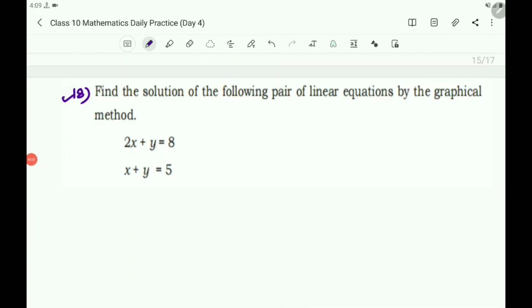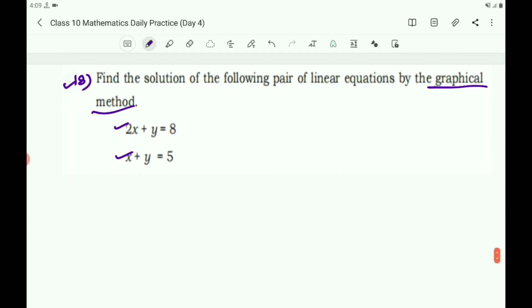Now question number 18: find the solution of the following pair of linear equations by the graphical method. The two equations are 2x plus y equals 8 and x plus y equals 5. Now you take the first equation, 2x plus y equals 8.